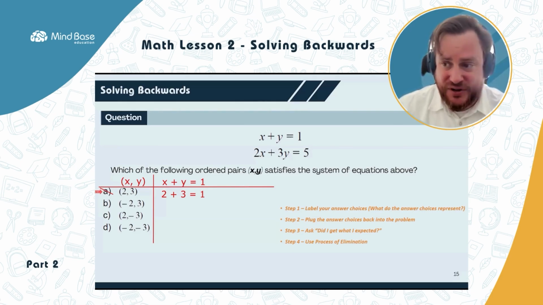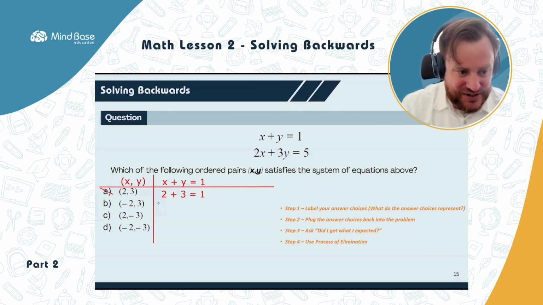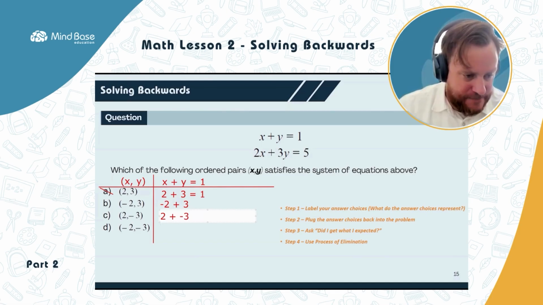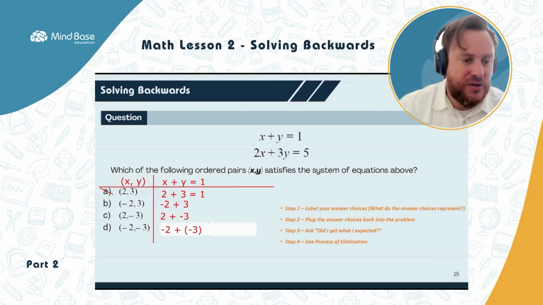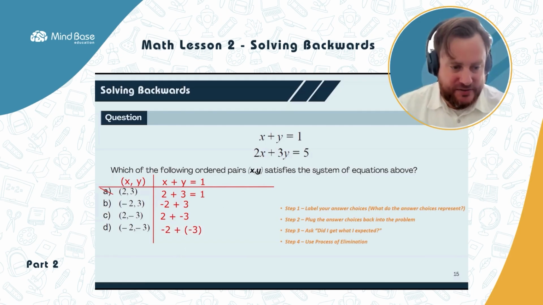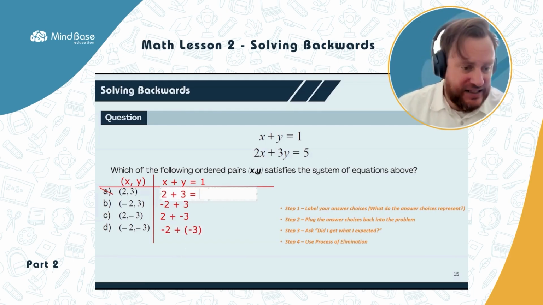In fact, if you go very quickly through the answer choices, only answer choice B is going to give you 1, right? Because, let me make this a little clearer.